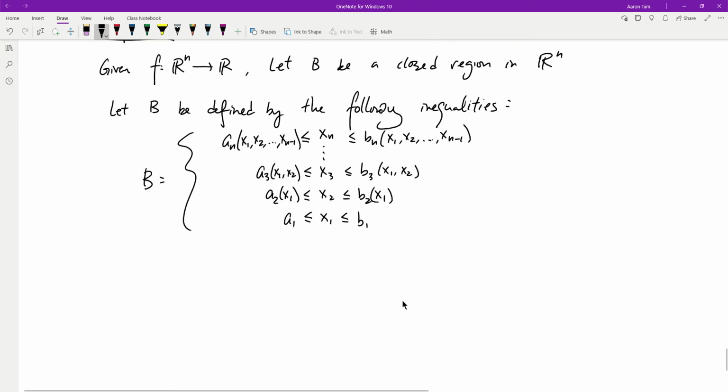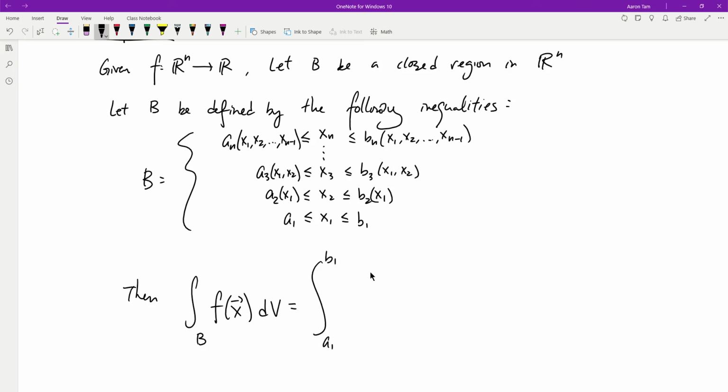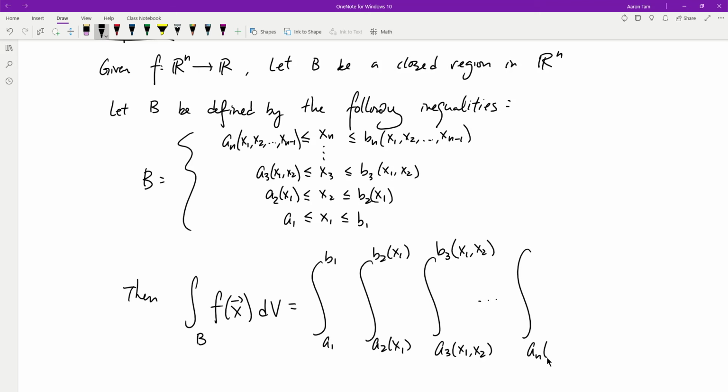And when you have B described by these inequalities, then we can define the Riemann integral over B of f of vector x dV as equal to the integral from a1 to b1, integral a sub 2 of x1 to b sub 2 of x1, integral a sub 3 of x1, x2 to b sub 3 of x1, x2, all the way to the integral from a sub n of x1, x2, to x sub n minus 1, to b sub n of x1, x2, to x sub n minus 1, of the function f of vector x.